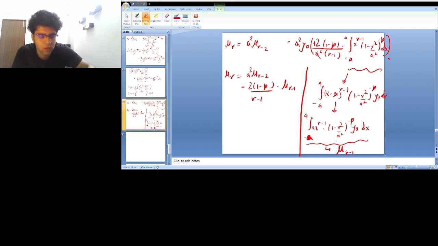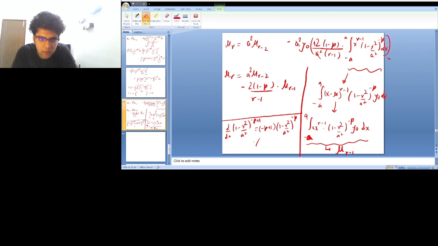Let me just draw a small box here, right? So the d by dx of my first term is minus p plus 1, and this whole integral as it is raised to the power minus p, so minus p into, now the derivative of this becomes minus 2x upon a square, right?